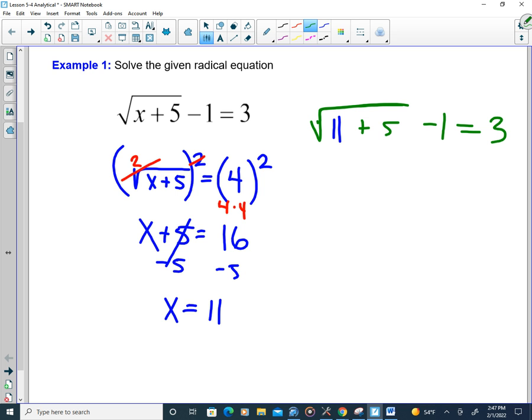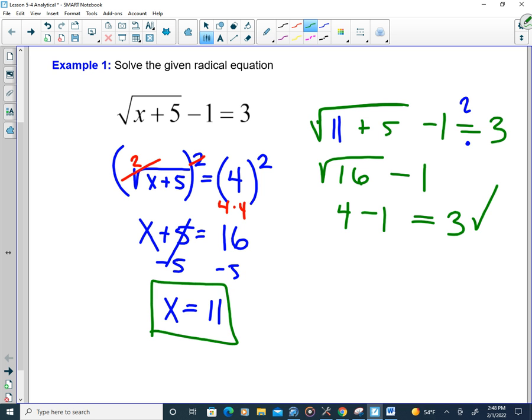Are these two statements true? Well, 11 plus 5 is 16. So we get the square root of 16, which is 4, and then minus 1, which is equal to 3. That's what it's supposed to equal. So this is the solution. x equals 11.